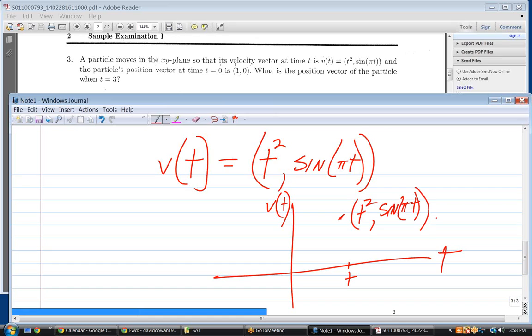Have you guys worked with velocity vectors in calculus at all? I don't know. I don't think I have. So he may be getting this sample examination and not realizing that there's some questions on here that you guys haven't covered. This might be on the AP Calc, but I suspect this is from Chapter 10.